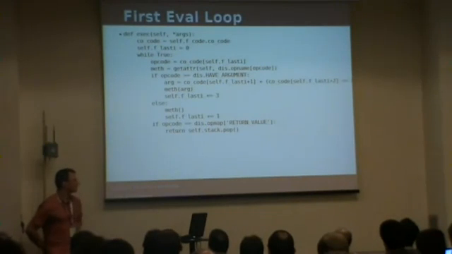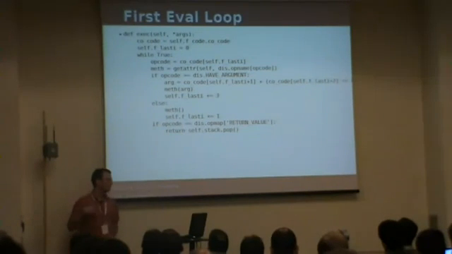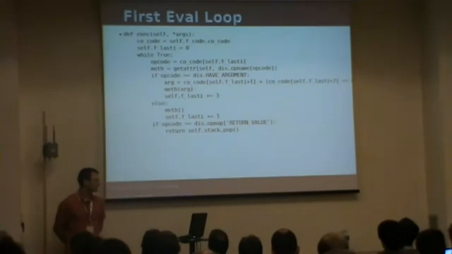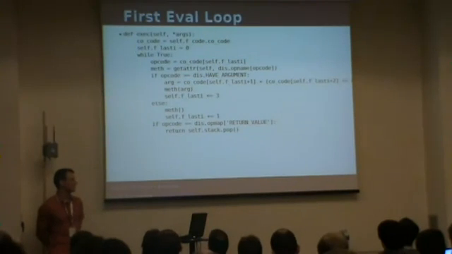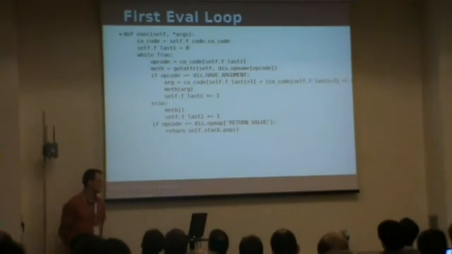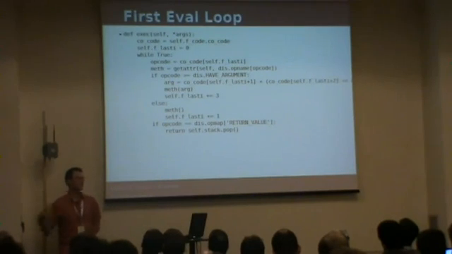So, like the first go at writing an eval loop to evaluate that bytecode. Get the actual code in the byte array, and just make it a shorter variable. Initialize the instruction pointer, and then the actual loop. In CPython itself it's an infinite loop until someone breaks out of it.